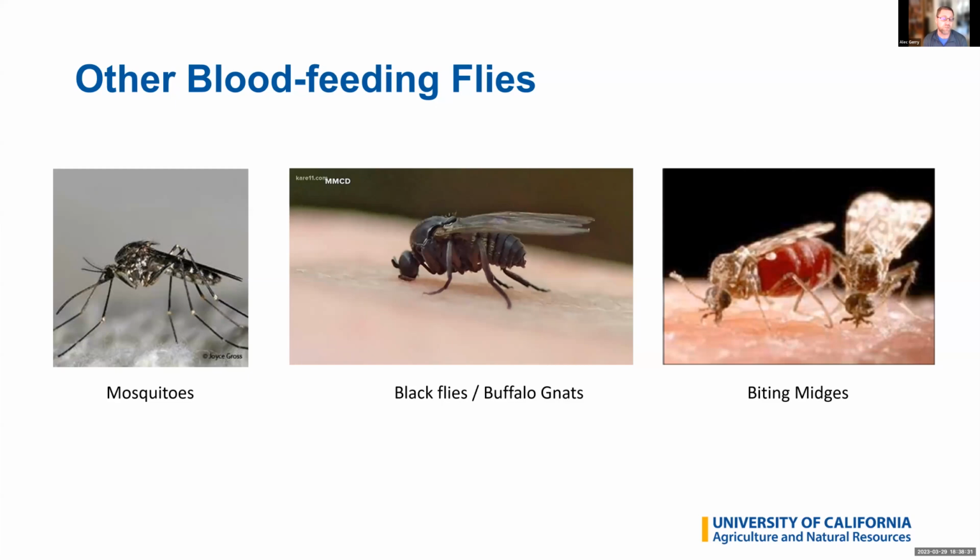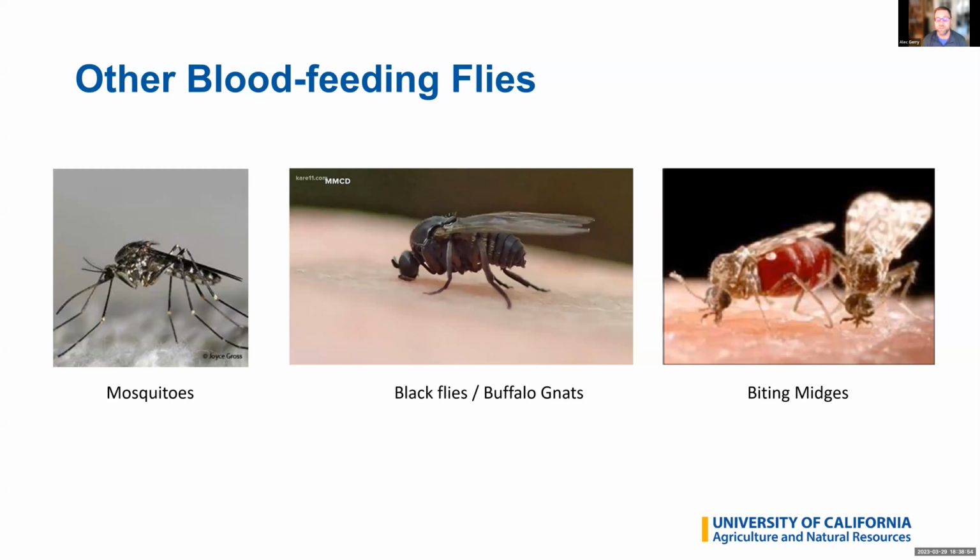We do have some concerns with mosquito transmitted pathogens. There certainly are pathogens elsewhere in the world that really impact cattle. So something called Rift Valley fever, for example, if this virus were to be introduced to California, could be a real problem for cattle production, but it's not here now. So we're fortunate in that sense.